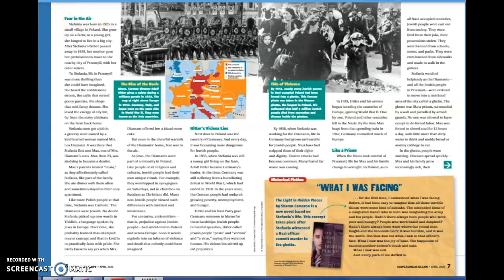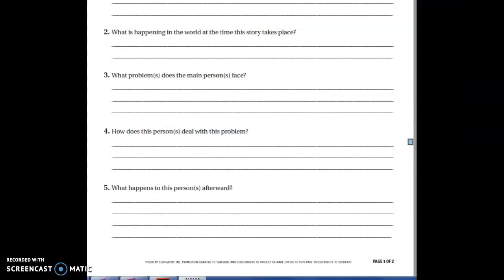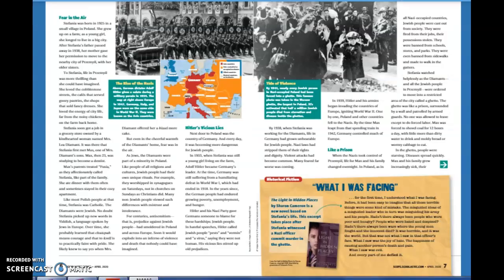So she was faced with this problem of how to help them and the other people who were being victimized. The next part of the summary questions deals with, how does this person deal with the problem that they're faced with? If you'll remember, one of the things that Stefania tried in the beginning was to bring them food while they were there in the ghetto, but that was something she just couldn't keep up, and they were so hungry still.